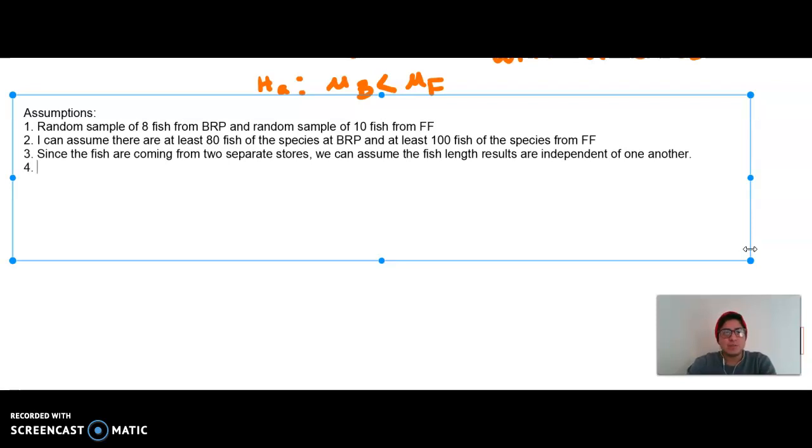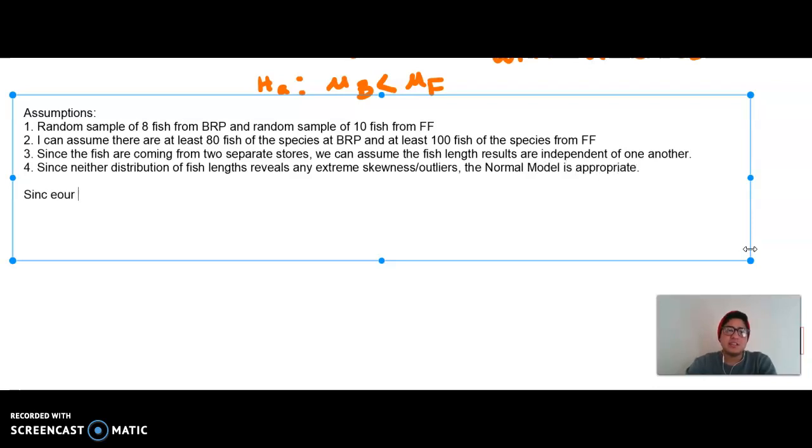completely separate store. Now, I'll put the graphical display back up here, but since neither distribution of fish lengths reveals any extreme skewness or outliers, the normal model is appropriate.